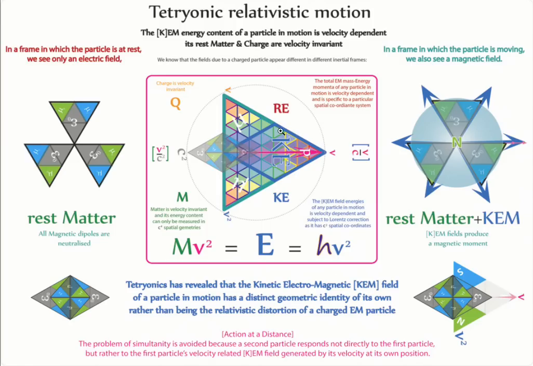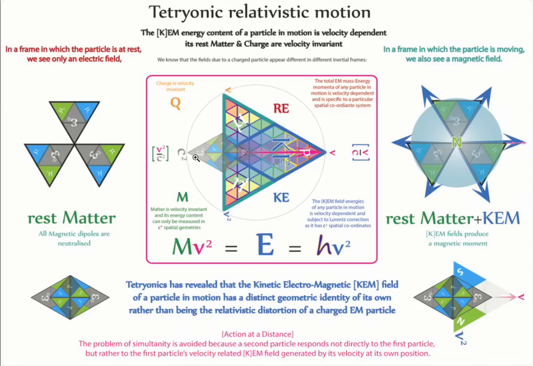So even though we neutralize the charges and they remain invariant for motion, we in fact develop a stronger and stronger magnetic moment as a result of the energy quanta being added in the relationship of square energies to the velocity. So Tetryonics shows all of the features of special relativity.